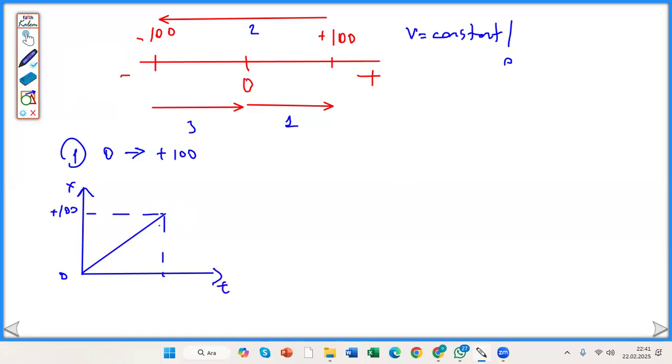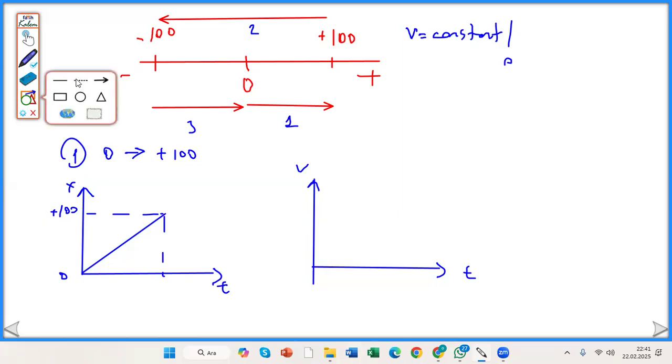Now let's look at the velocity-time graph. Its direction is positive and velocity is constant. That's why its graph is like this.